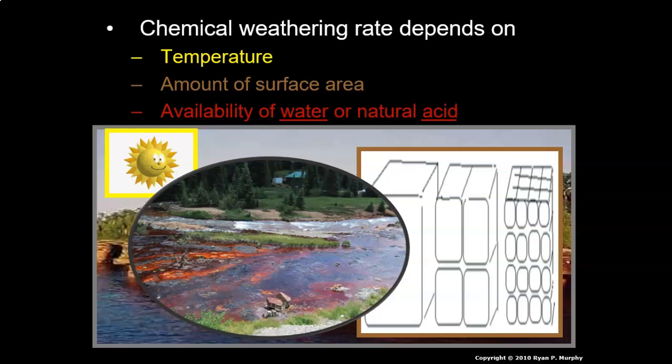But typically, if there's no water, there's not usually a lot of acids. There could be some. Whereas, again, in tropical places, you have a lot of water, you have a lot of acids as things are decaying, and so there's a lot more chemical weathering happening much more quickly.